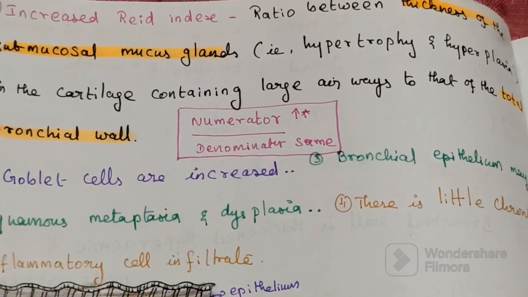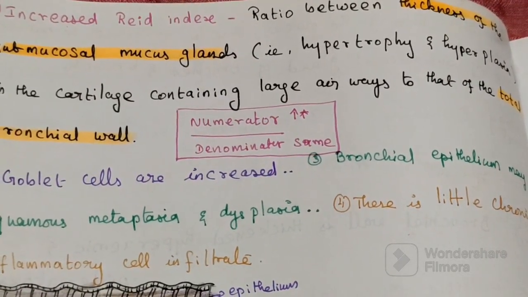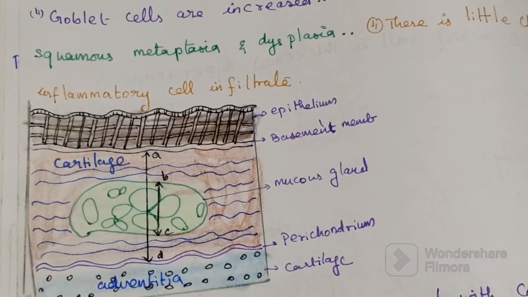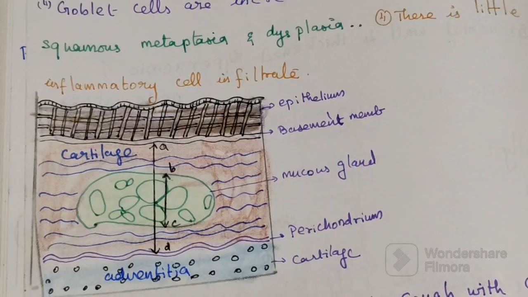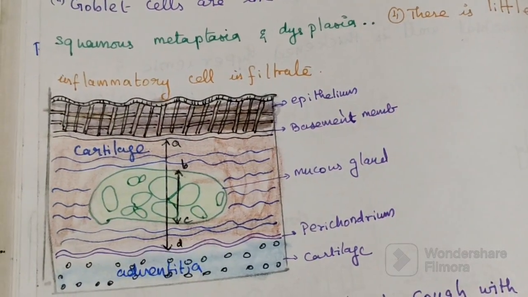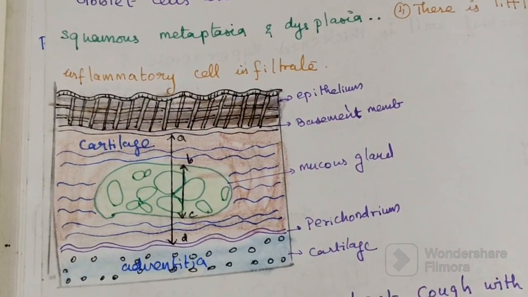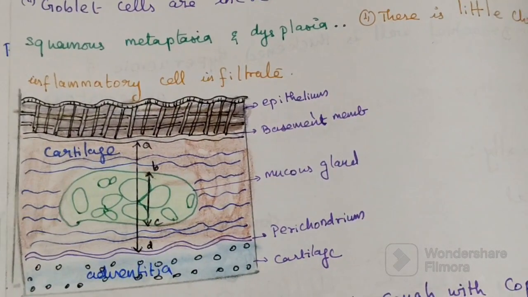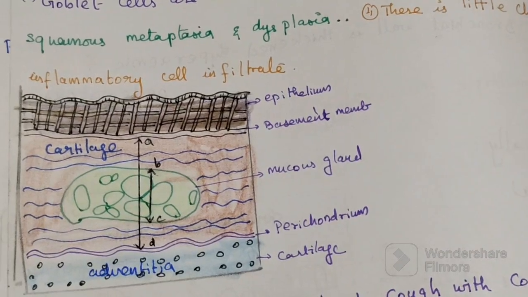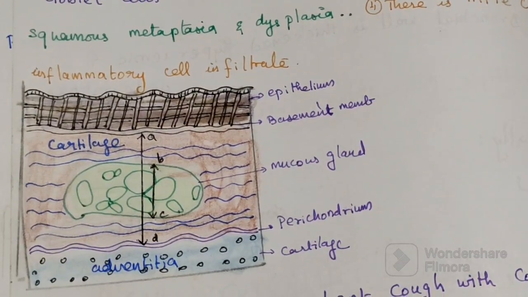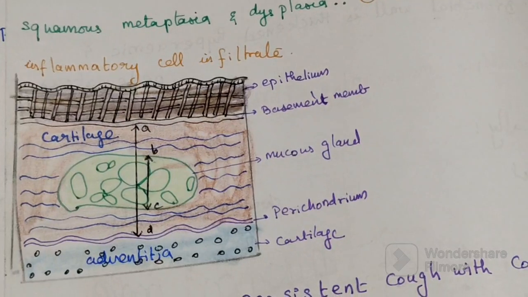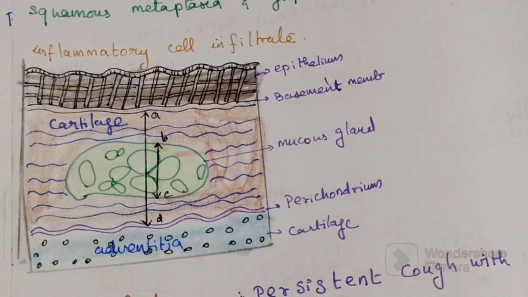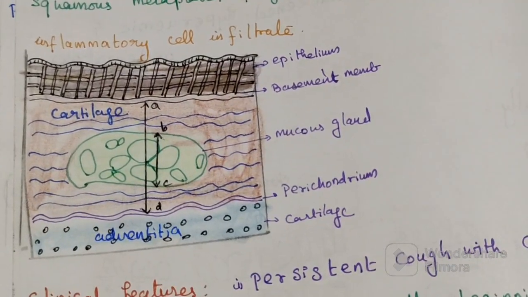In chronic bronchitis the total wall thickness is the same, so the denominator is the same, but the mucous gland thickness, the numerator, is increased. So the Reid index will increase.